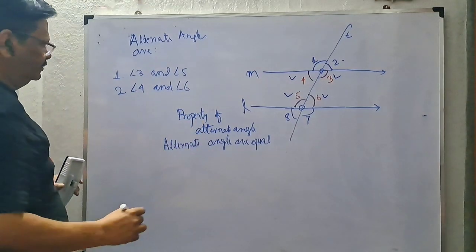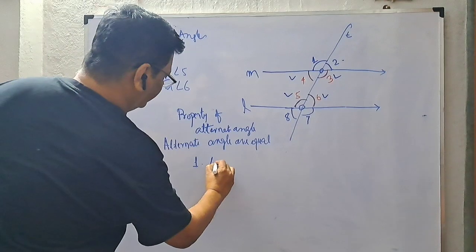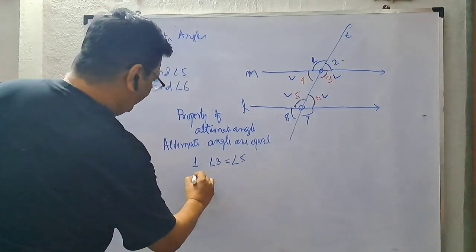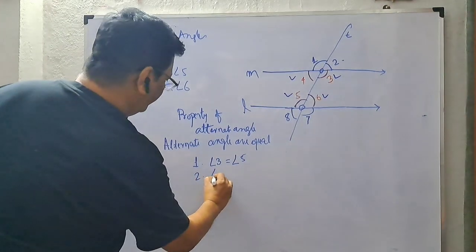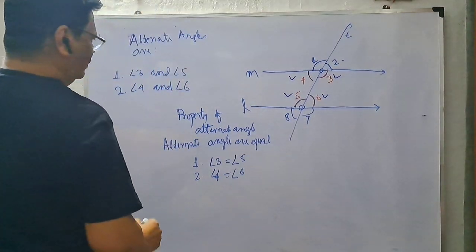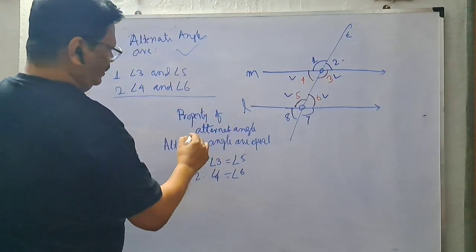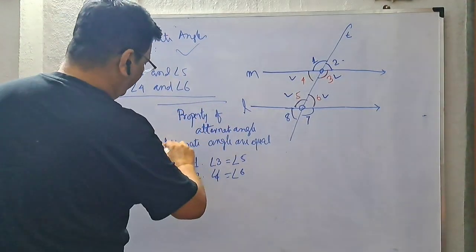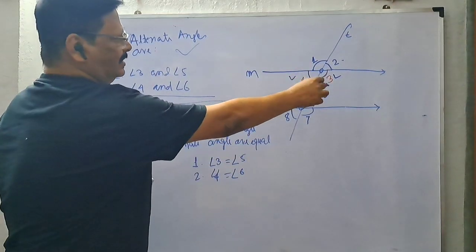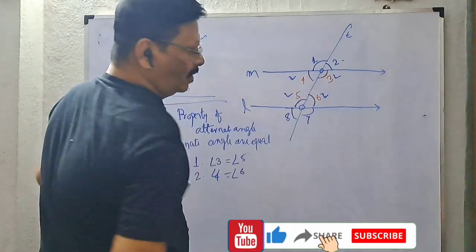We can write number 1, angle 3 is equal to angle 5, and number 2, angle 4 is equal to angle 6. So these are the names, and this is the property of alternate angles. Clear? So the angles marked with red are called alternate angles.